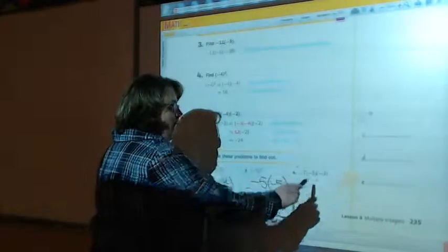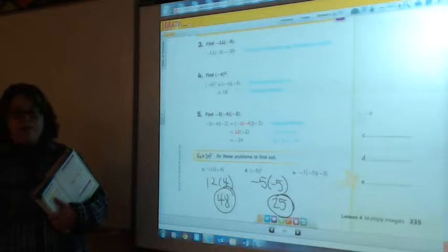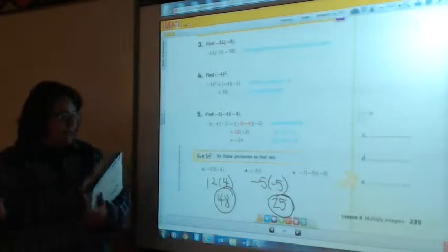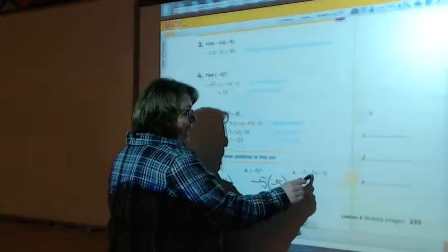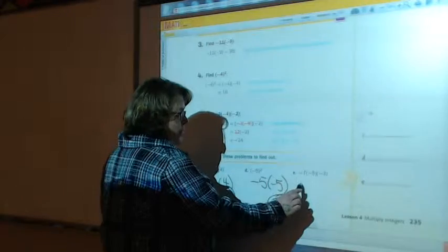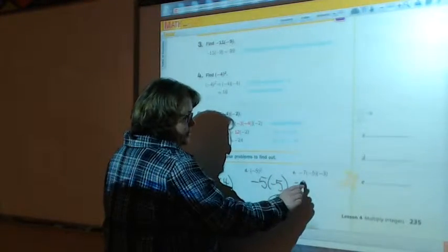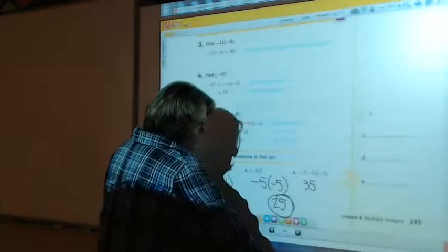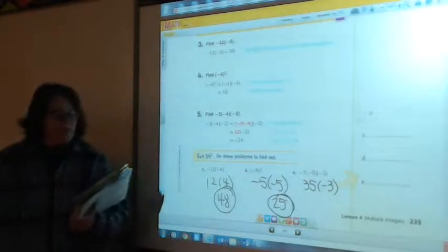With these 3 numbers, you multiply. Now, you can multiply them in any order you want. If you want to commute the order or change the order, you can if that would help you. So if you do a negative 7 times a negative 5, which is 35, because they're both negative, your answer is going to be positive. And then multiply that times a negative 3.